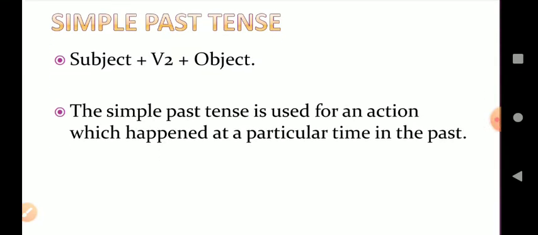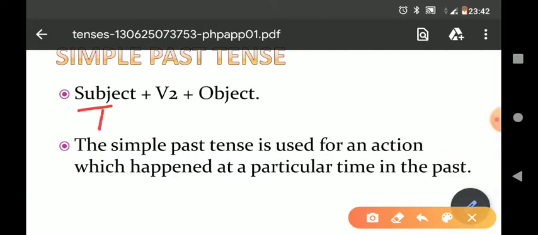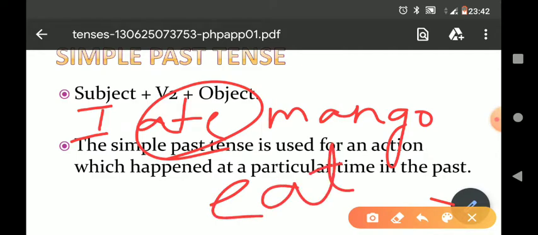The simple past tense is used for an action which happened at a particular time in the past, like I ate mango, meaning it happened in the past at a time. I ate mango yesterday, because ate is the past form of eat.